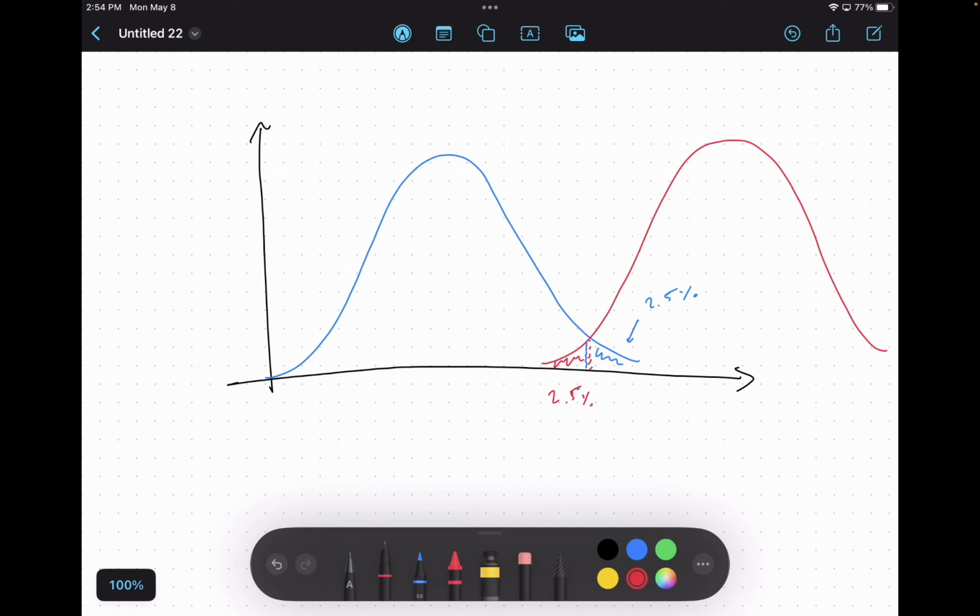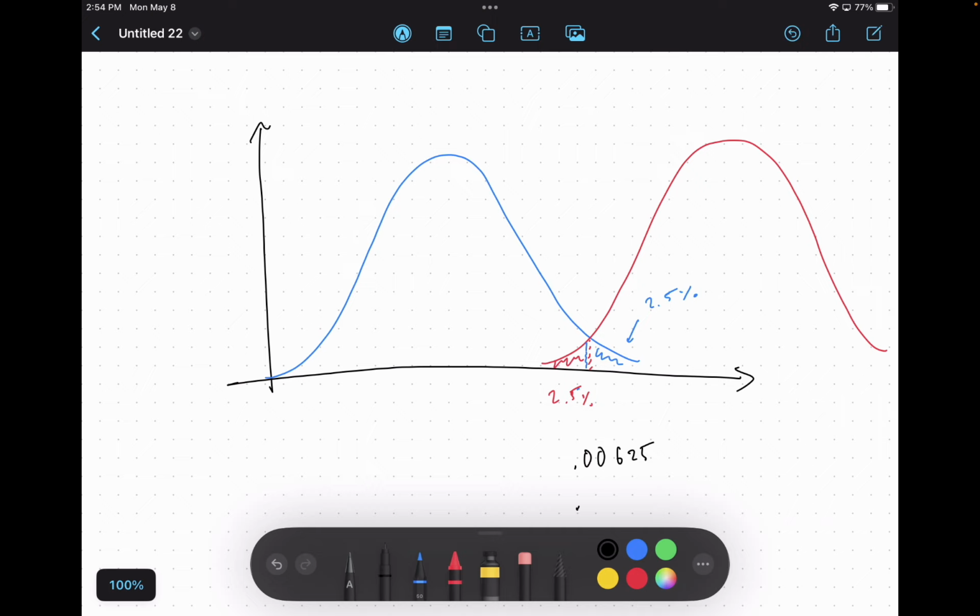So the chances that, okay, what's 25 times 25? Anyone? 625. Okay. So that would be 0.00625.